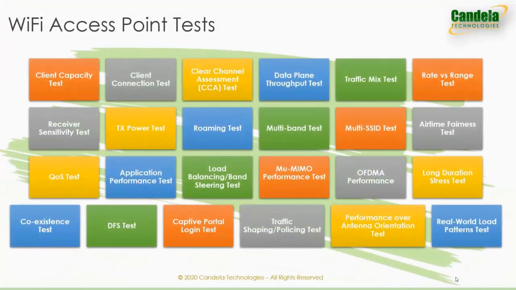Now, over the past decade, Wi-Fi has become an extremely important part of everyone's lives. Wi-Fi is now considered a basic utility, on par with water and electricity in the home and in the office.